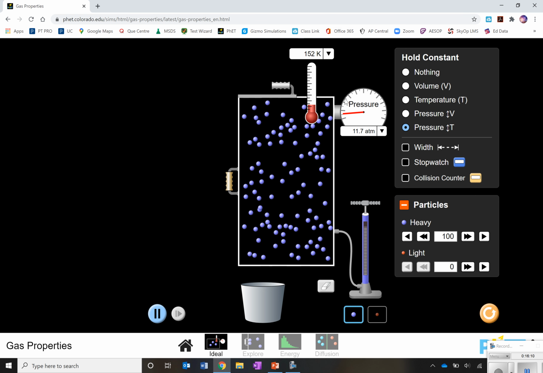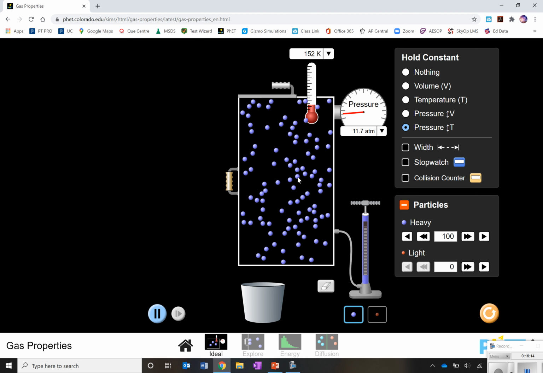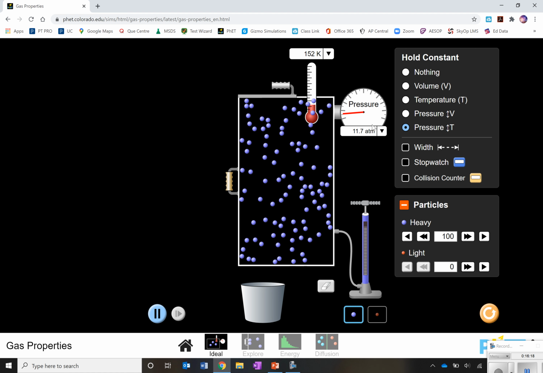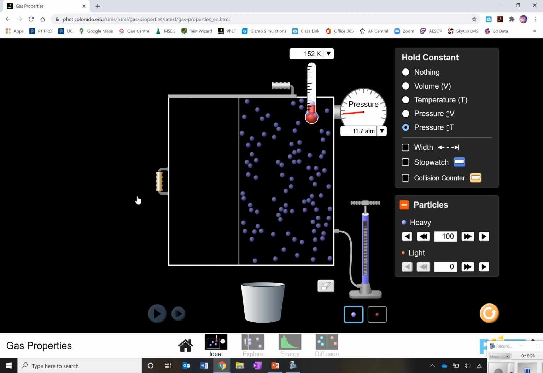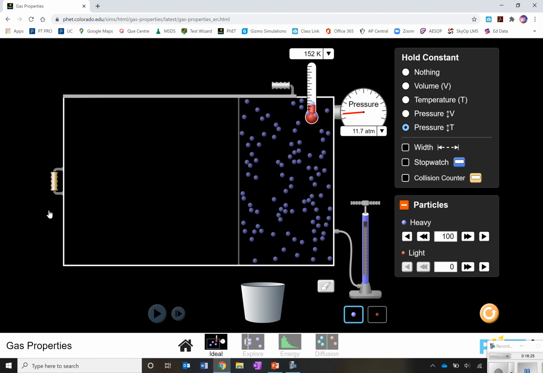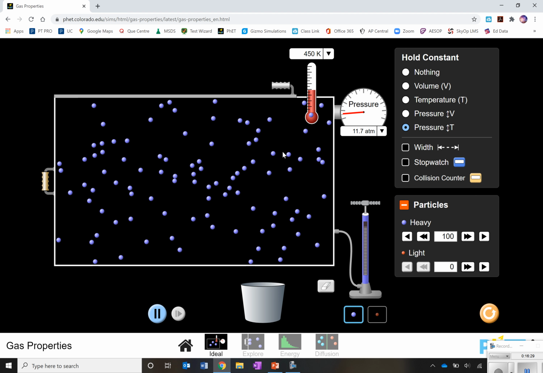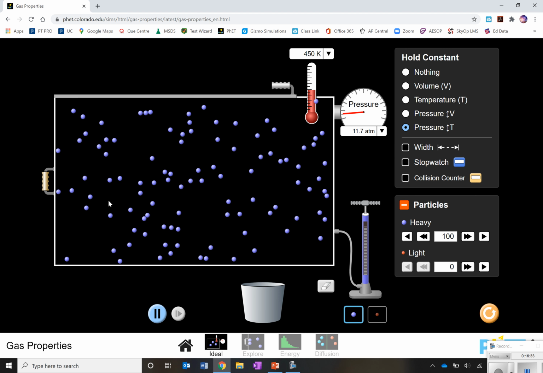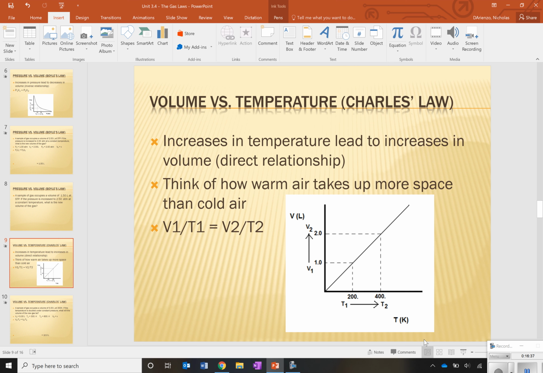Again, we're trying to maintain that same pressure. So if we decrease the volume, to maintain the same number of collisions or the same pressure, we have to put them into a smaller area. And on the contrary, if we increase the volume, the temperature is going to change from 152 K and it's going to increase. And again, that's to maintain the same pressure. So we see a direct relationship between the change in volume and temperature of the gas.